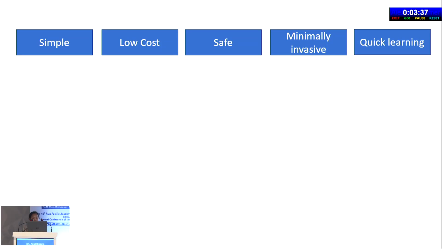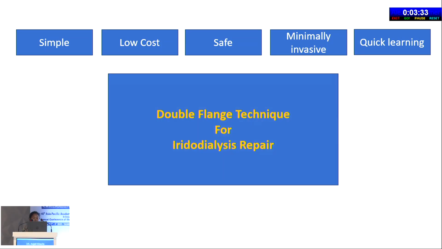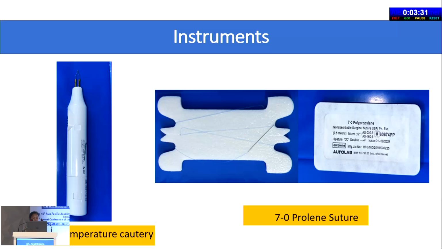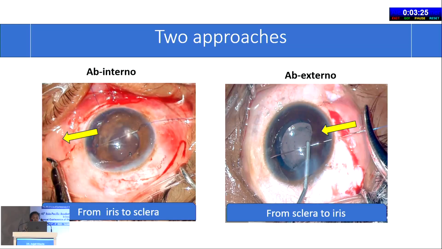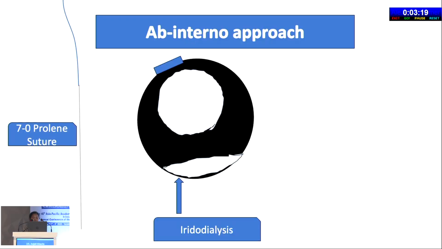So here we will demonstrate a simple, low cost, safe, minimally invasive technique, that is the double flange technique. The main instruments here are a low temperature cautery and 7-0 Prolene suture. We describe two approaches: ab interno, from iris to sclera, and ab externo, from sclera to iris. This is the ab interno approach.